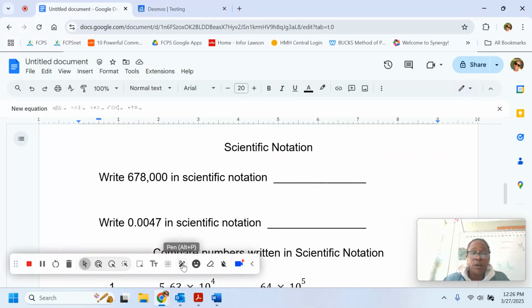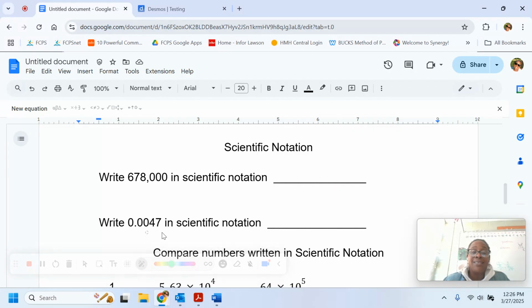Now, if you are starting with a decimal and it's asking us to write it in scientific notation, that means your exponent is going to be negative. So we're going to do the same thing. We're going to move that decimal place after we write our information. We move our decimal 1, 2, 3 times. We're going to put it in between the 4 and the 7.